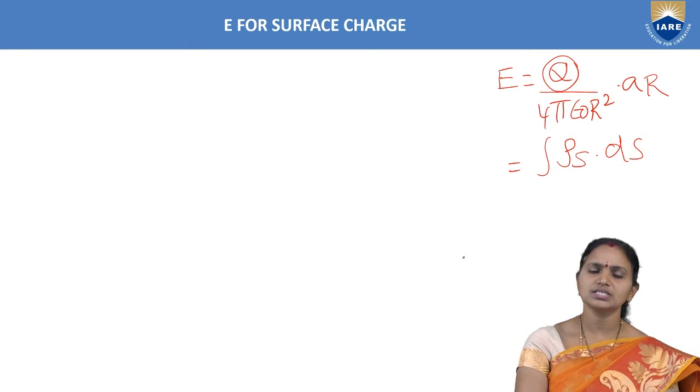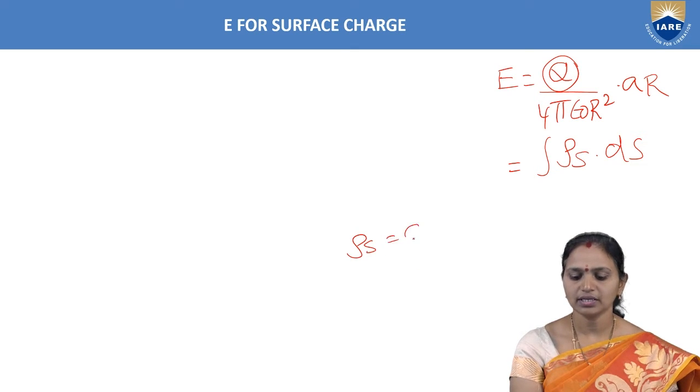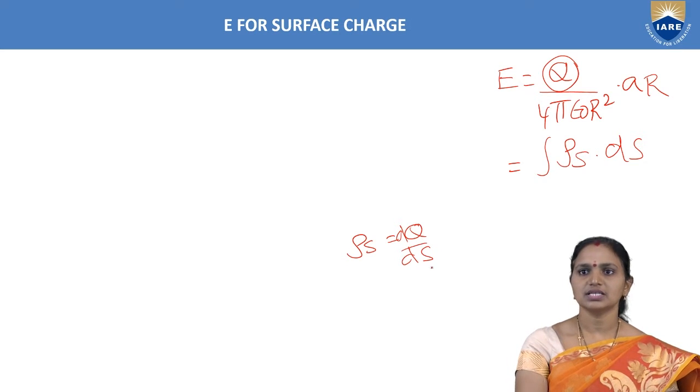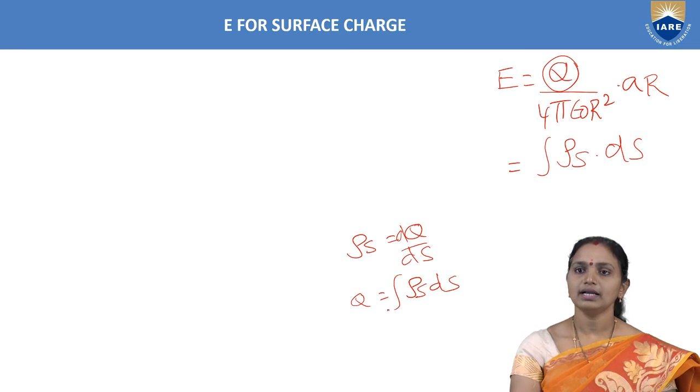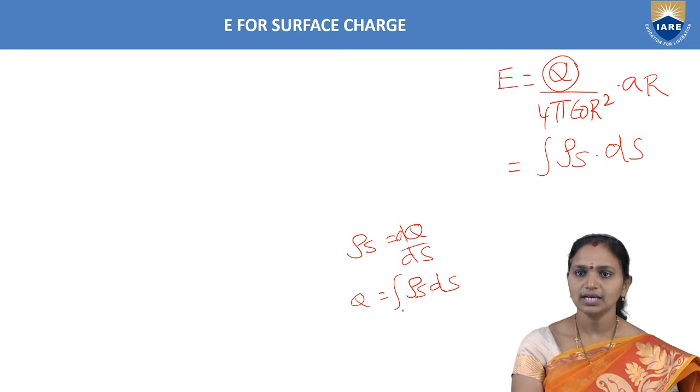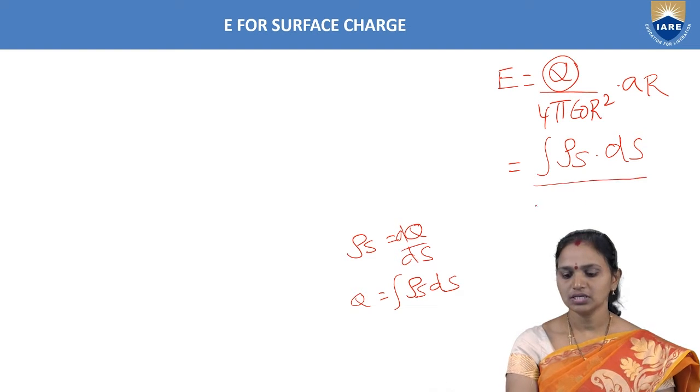In other words, rho s is the surface charge density, which is charge per unit area, dq by ds. Here the surface area is ds, and to get Q we must take rho s ds over the surface integral. Now in place of Q, I am writing rho s ds divided by 4 pi epsilon naught r square into a_R.